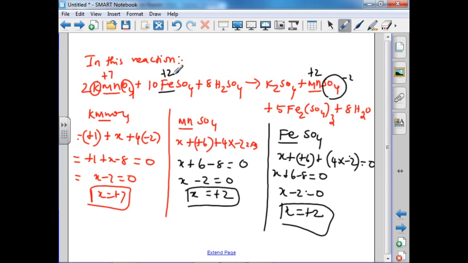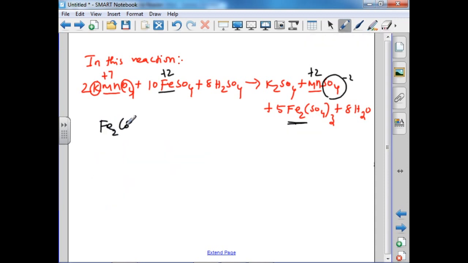What is the iron on the product side? It is here. So calculate the oxidation number of Fe from Fe2(SO4)3. The oxidation number of SO4 is -2.